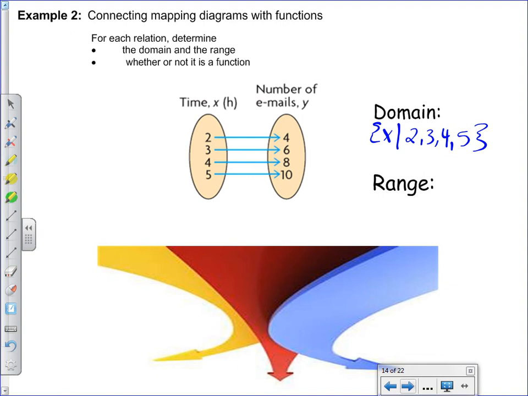Okay, what about my range here? Nick? Okay, is this a function or not a function? How do you know that, Nick?